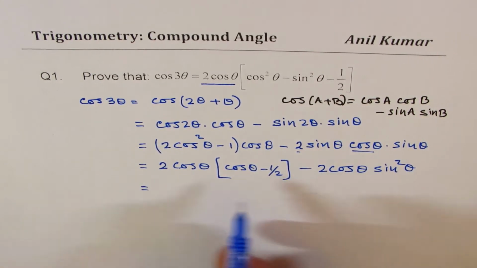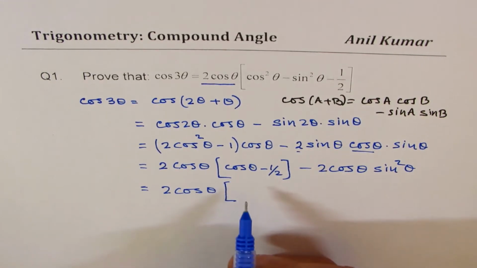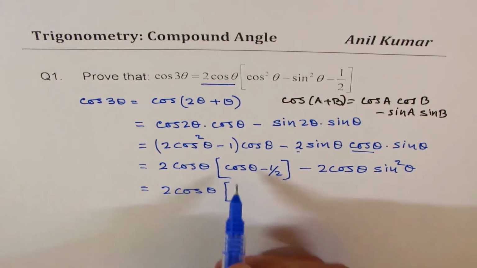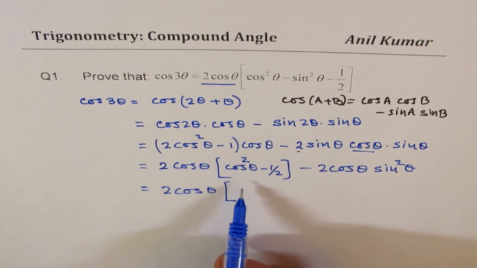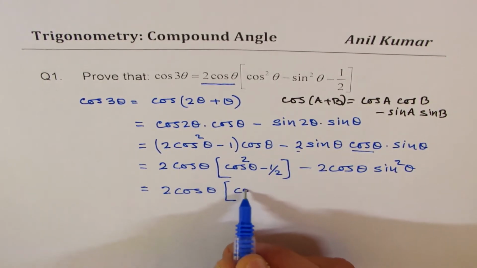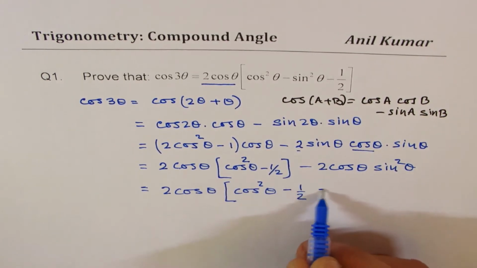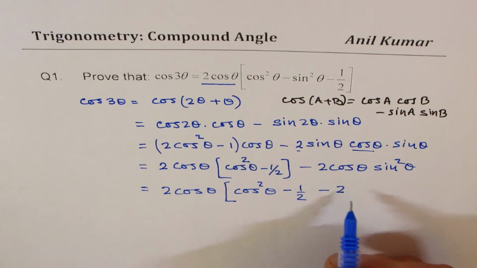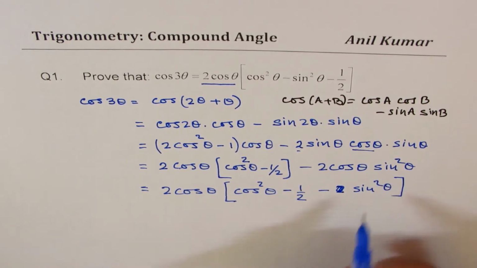Now you can see 2 cos theta is common, so we get 2 cos theta factored, and here we get, I'm sorry, this is cos square. We just kept this here, cos square. So here we have cos square theta minus half, and from here we get minus 2, 2 is factored out, so sine square theta, correct?